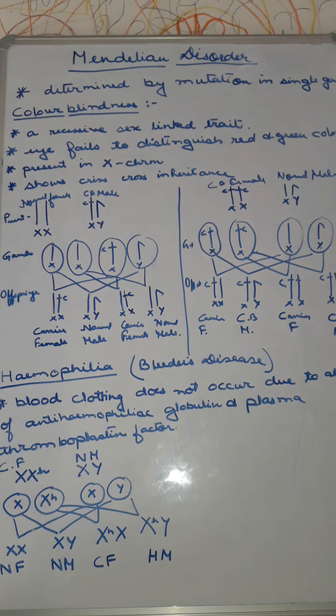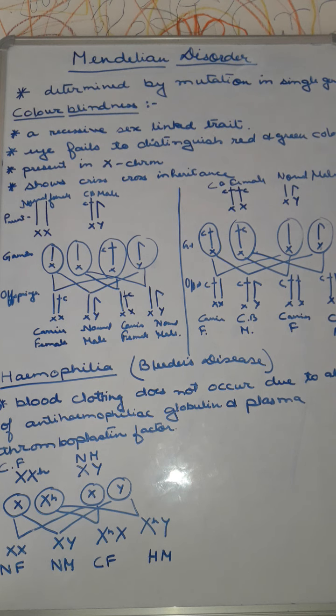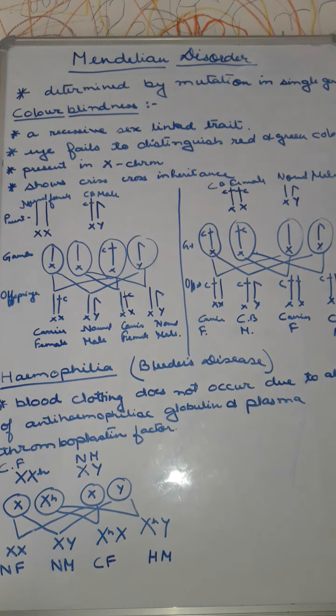Now the gene responsible for normal color vision and the abnormal gene responsible for causing color blindness, that particular gene is designated by C, and it is present in the X chromosome. The normal gene and its recessive allele are both carried by the X chromosome. Females have normal color vision, but they function as carriers.